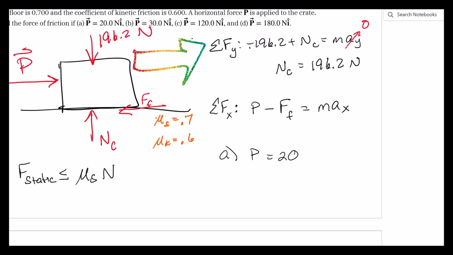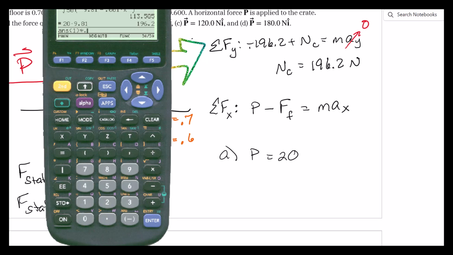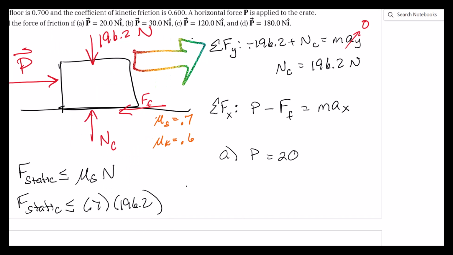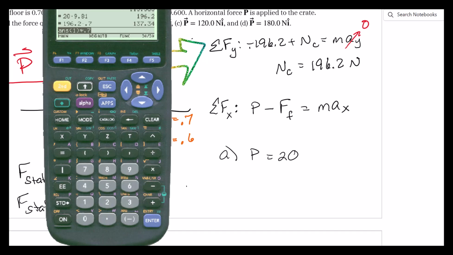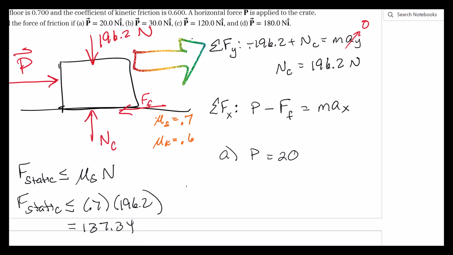So I'm going to do this off to the side. F static has to be less than or equal to 0.7 times 196.2. Okay, so 137.34. So if I'm not pushing at least that hard, it's not going anywhere.